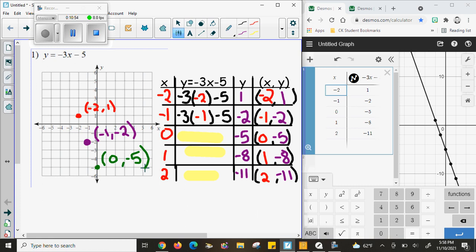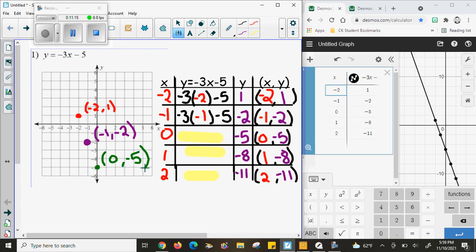On this graph, I cannot fit any other points. My graph down there stops at -6. So I am unable to graph 1, -8, and 2, -11. So I'm not going to.